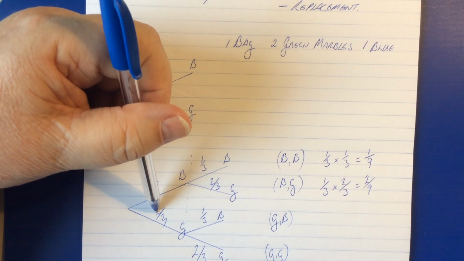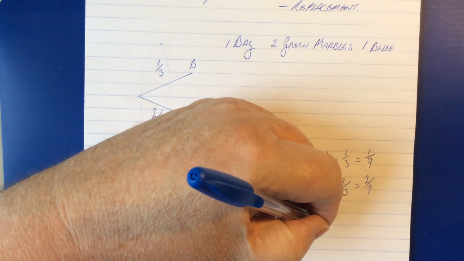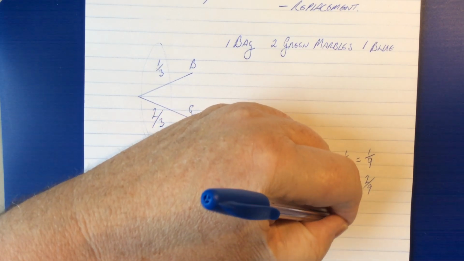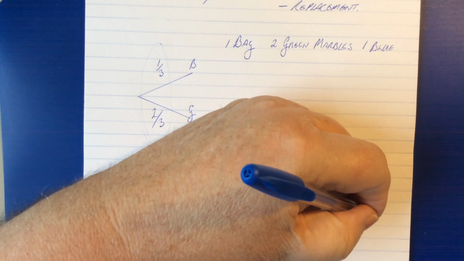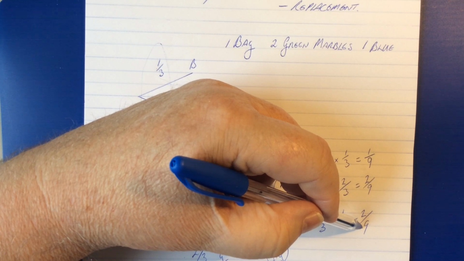And here it is 2/3 times 1/3, so it'll be the same result, but the order is different. And that is 2 out of 9. So far we have 5 out of 9.